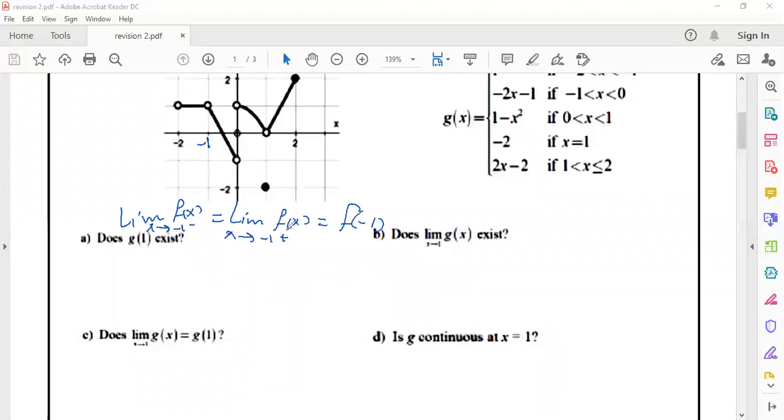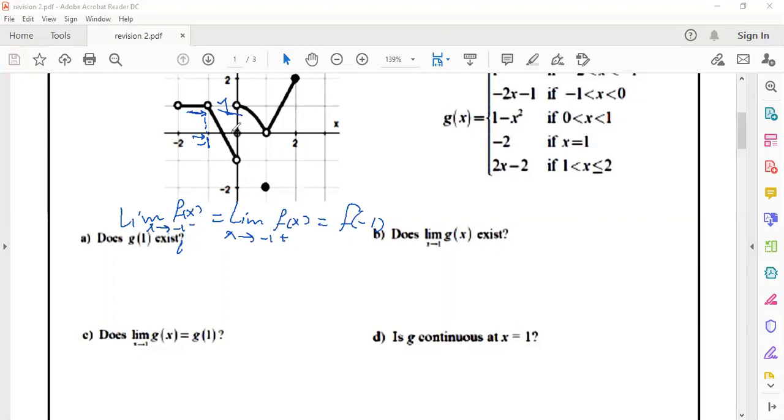Clear? Since I know the limit of f of x when x approaches -1 from the left is what? As you see, I approach from the left, go with the curve until I reach above, then take the value of y, which is 1. So the limit from the left is 1.